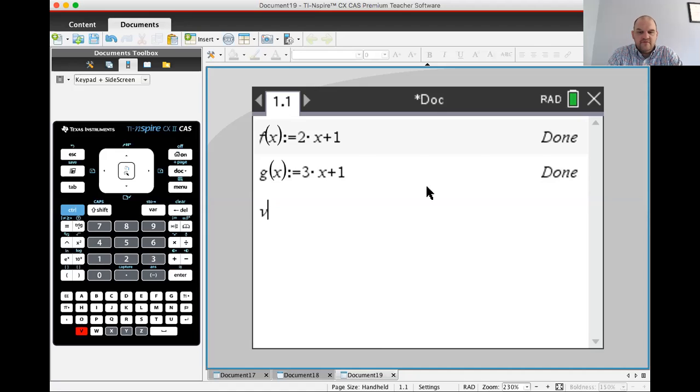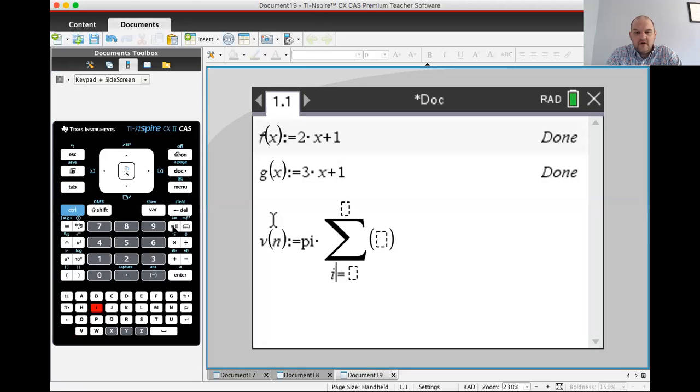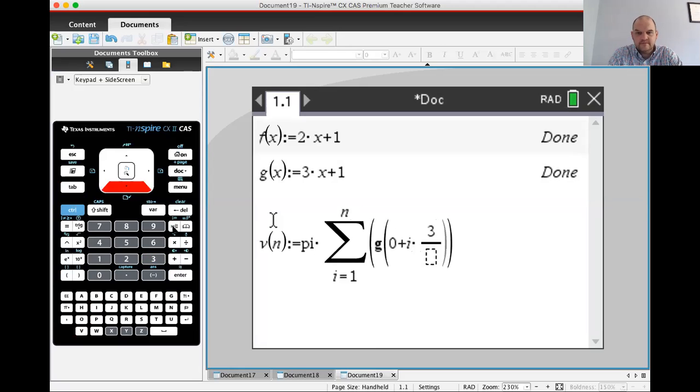All right, so v of n colon equals, so it's going to be pi. I'm going to type pi, but you should use the key. The sum, you should definitely use the template. i goes from 1 to n of, all right, so big radius is g of, and then x sub i we wrote down was 0 plus i times delta x, which is 3 over n.